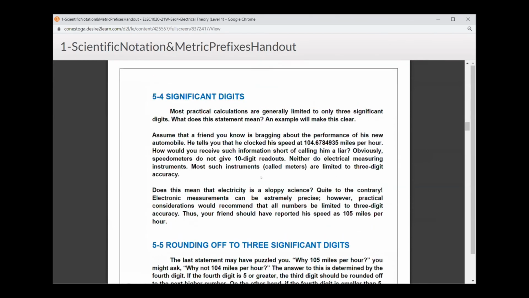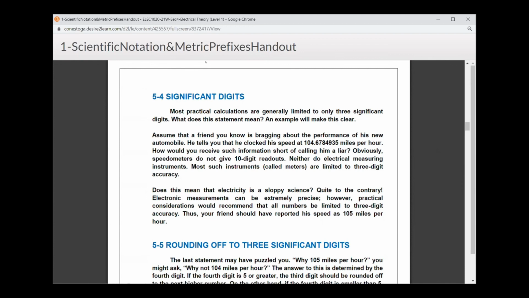When it comes to significant digits, it's very important that you take the time to read through the information, okay? Most practical calculations will tell you to limit it to only 3 significant digits. So here is an example.